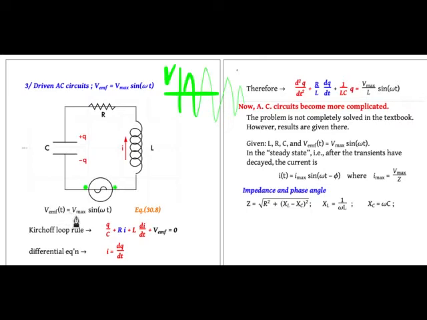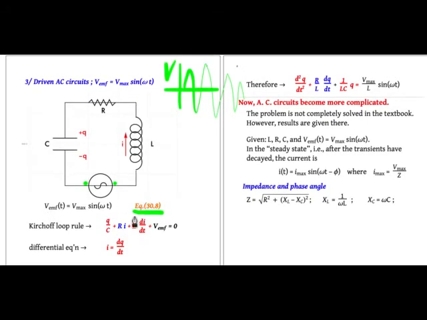It's some maximum amplitude times sine omega t. This is in the section of chapter 30 on driven AC circuits. This is equation 8 in chapter 30.